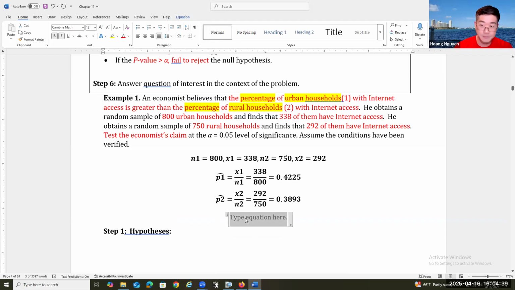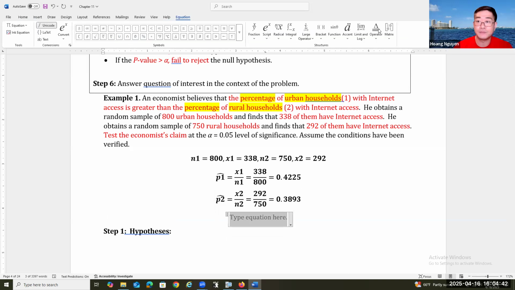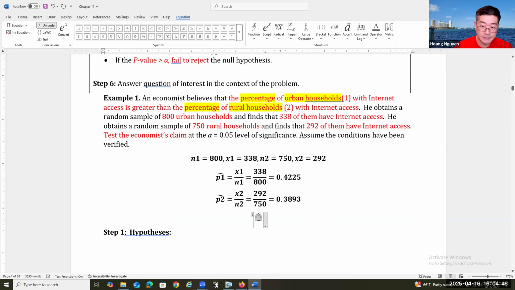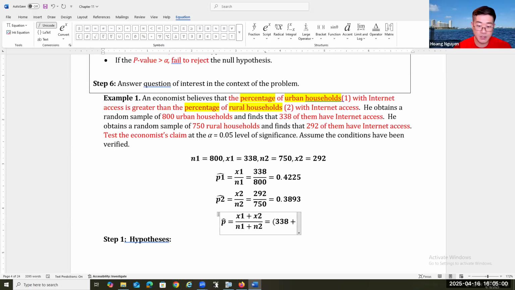So p hat equals x1 plus x2 divided by n1 plus n2. We have x1 is 338 plus x2 292, divided by n1, which is 800, plus n2, 750.